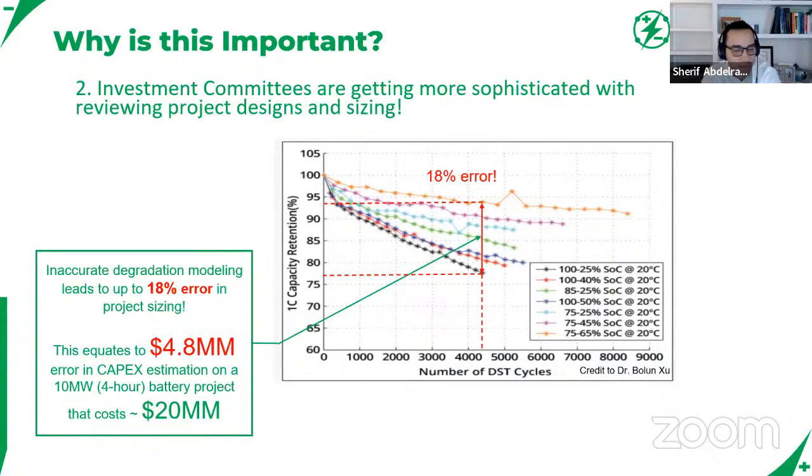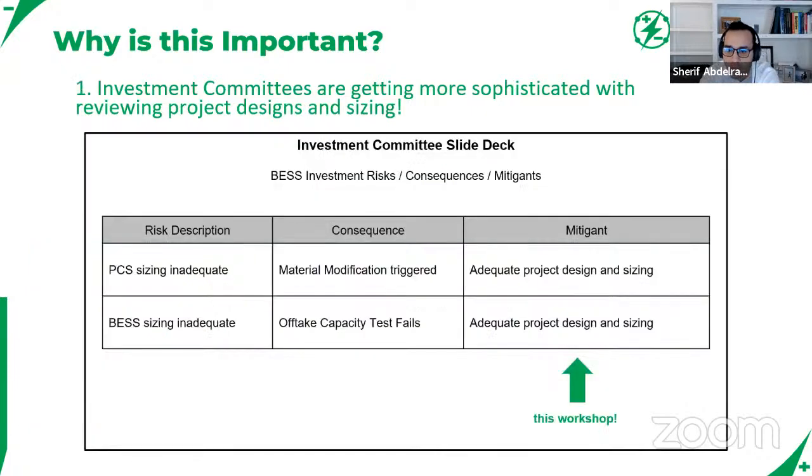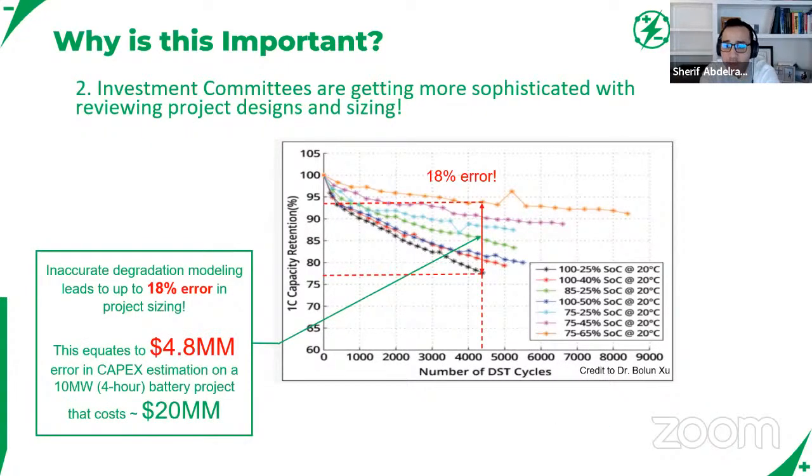Sure. So I can kind of explain this next one here. It's really in the same vein as what Adam just mentioned, right? A lot of things go into that sizing cell that Adam talked about, but one of them that I think is the most critical is degradation, right?